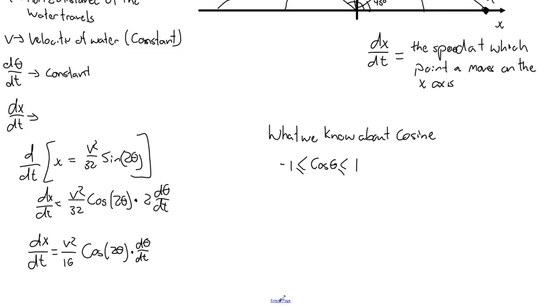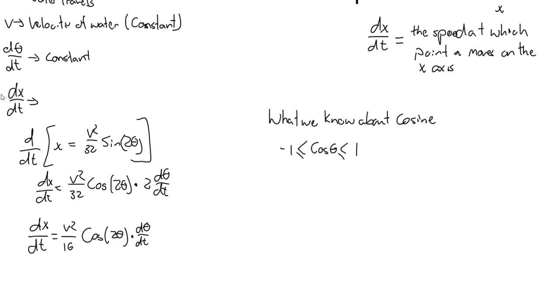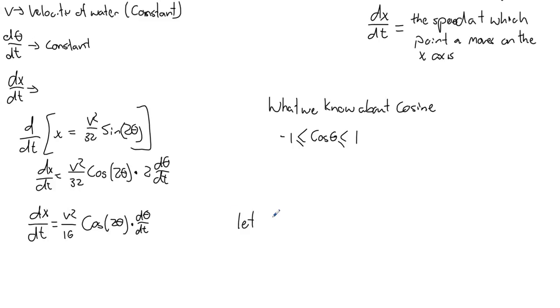So as a for instance, let theta equal pi over 4. Then dx over dt is going to be v squared over 16, and then the cosine of, when I multiply by 2, pi over 2, times d theta over dt. Now, the cosine of pi over 2 is 0, so this thing is equal to 0.